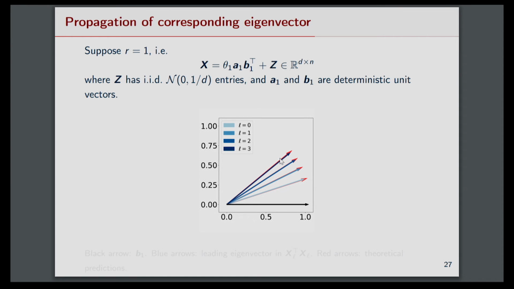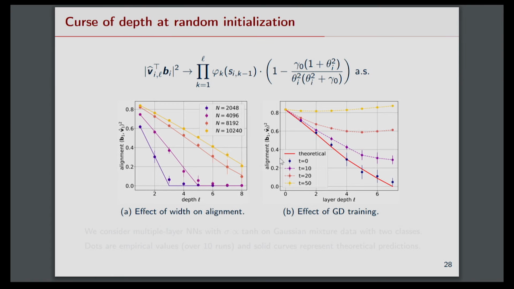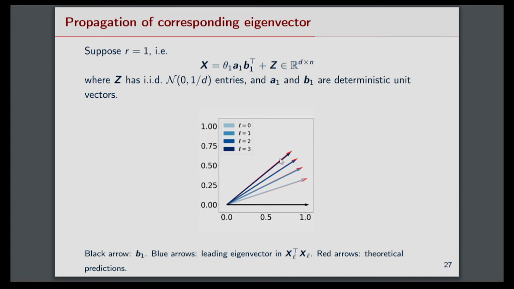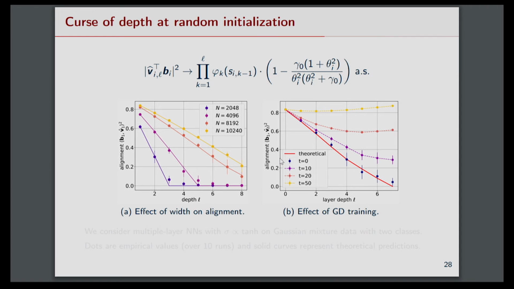You can see this angle is increasing after passing through multiple layers, and these red arrows are predicted from our theory. So as we can see here, there is a kind of curse of depth for the random neural network, since as the depth increases, this neural network is forgetting some information from the data set.